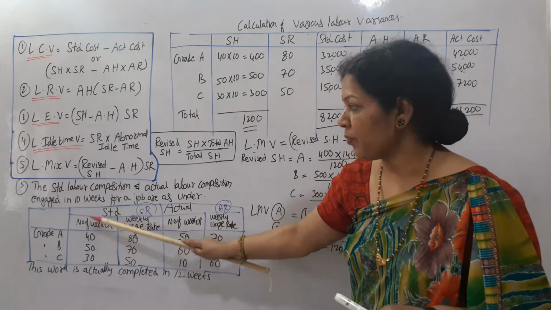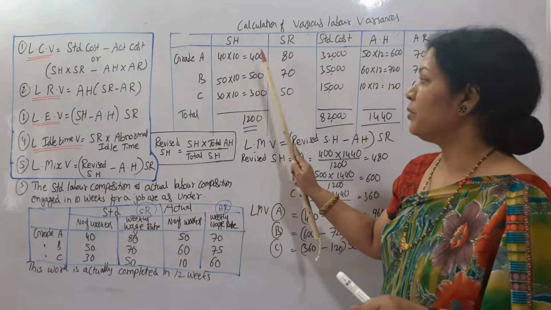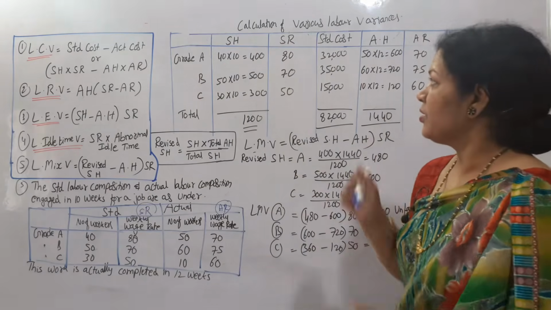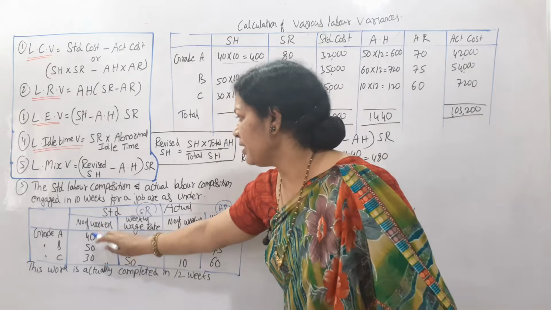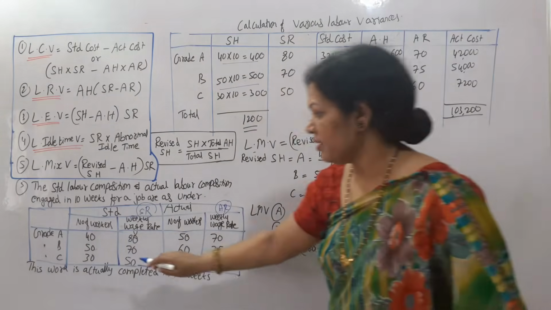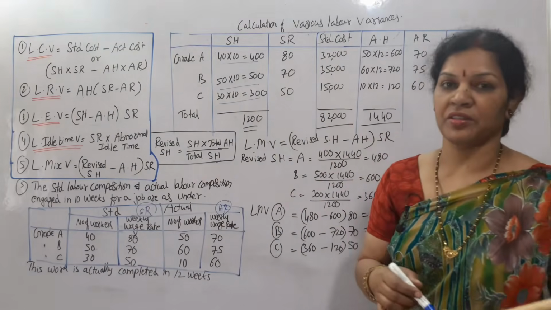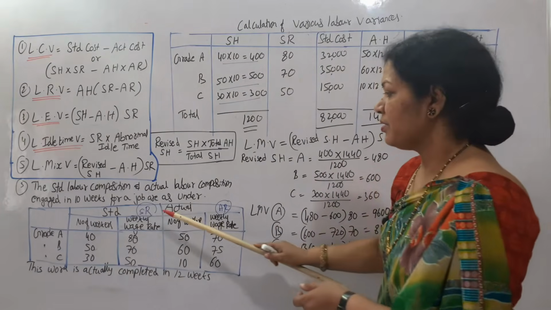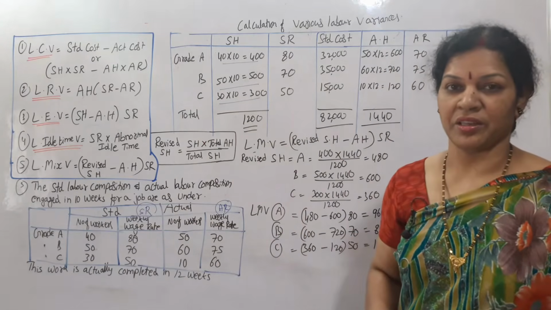So 40 into 10, you get standard hours. In the same way, 50 into 10 is standard hours of B. Now see, 30 into 10, 300 you got. And the standard rate as it is, whatever is given, I have written over there.